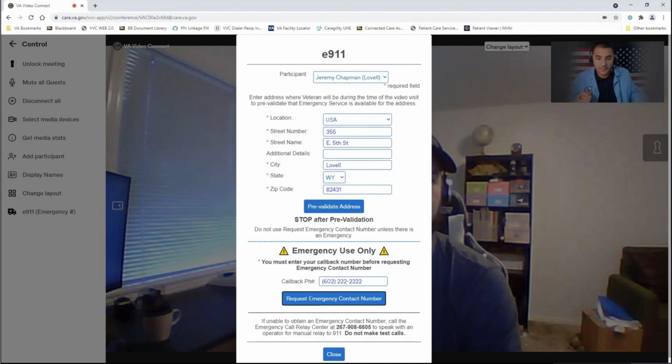The other thing I have to keep in mind is that I'm going to want to document what has happened. So in my CPRS note, in my VVC clinic location progress note, I'm going to document that we had an emergency situation, and I'm going to outline the details of what happened. One additional notification I have to make as a VA clinician who has used E911 services is to report the use of the VVC E911 services by following my local facility procedures.